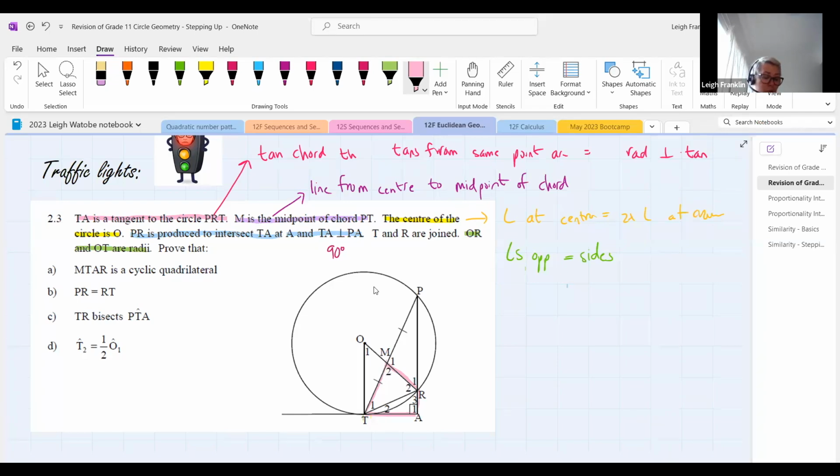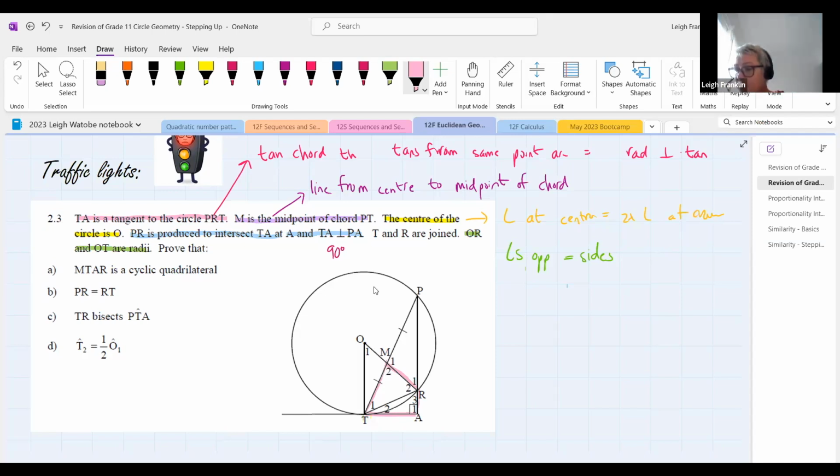So going back, we've got to think of, okay, either converse opposite angles of a cyclic quad are supplementary, converse exterior angle of cyclic quad, or converse angles in the same segment. In this particular example, there is no bow tie inside. Okay, so if there's no bow tie inside the would-be cyclic quad, you cannot use converse angles in the same segment.